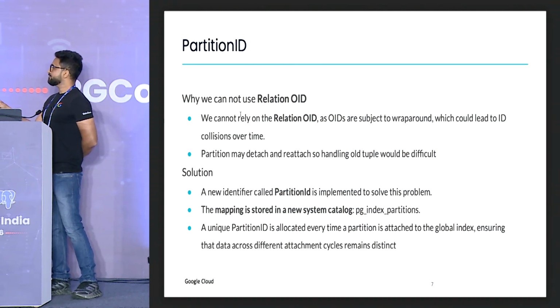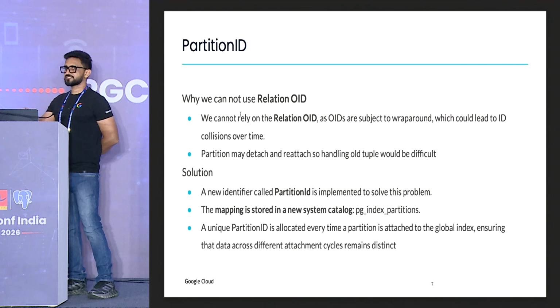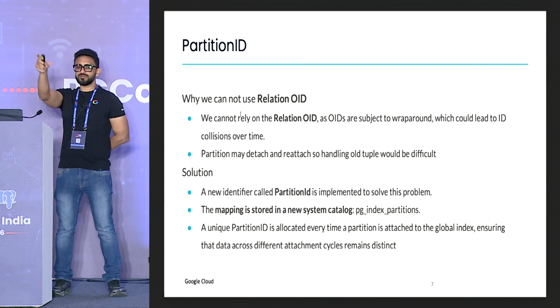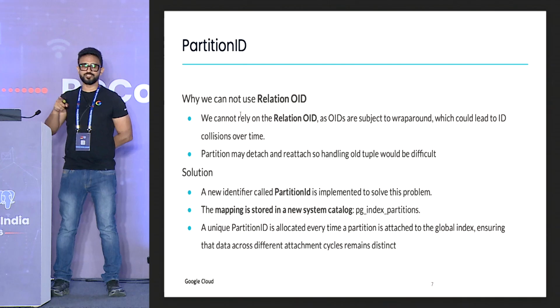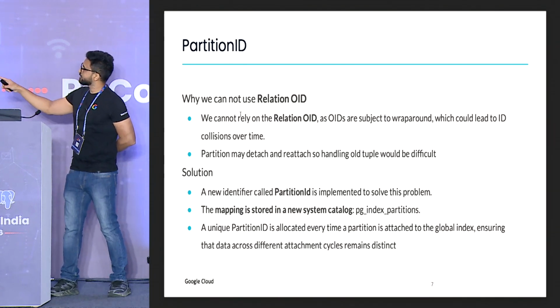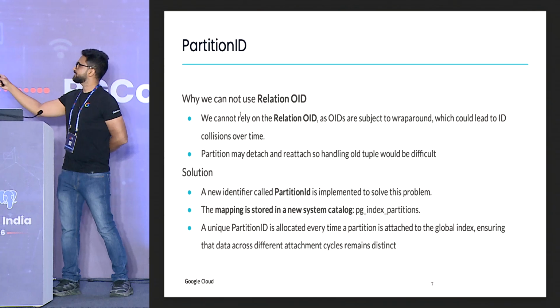And every time a partition is getting attached to a relation or a partition table on which a global index exists, we allocate a new partition ID. That means the problem we had of detaching and reattaching is resolved, right? Because every time you attach the partition, you get a new partition identifier.